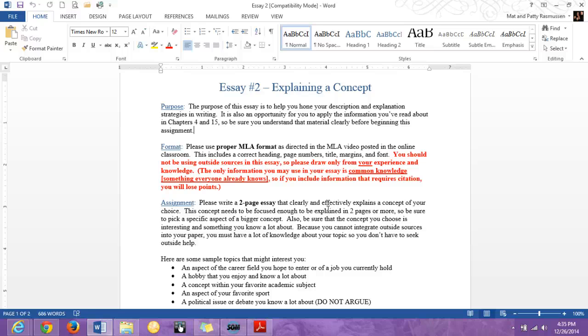So dates, statistics, facts and figures, things like that are not common knowledge unless it's a really broad date. Like the date that World War II started, I would consider that common knowledge. But the more specific and the more detailed you get, the more you get into that red zone of having to cite where you're getting your information.